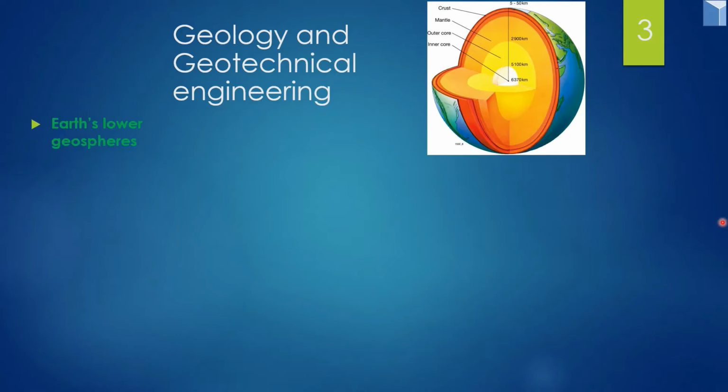So the crust of the Earth is divided into the continental crust and the oceanic crust. The continental crust is that part of the crust representing our continents. The oceanic crust is the part which composes the ocean floors of the planet Earth.